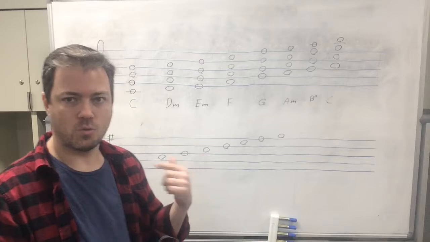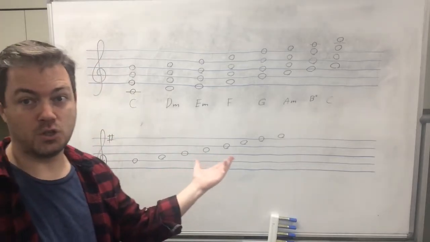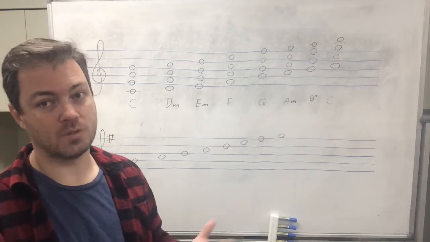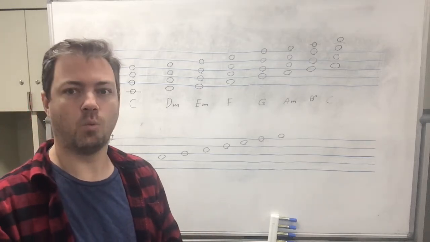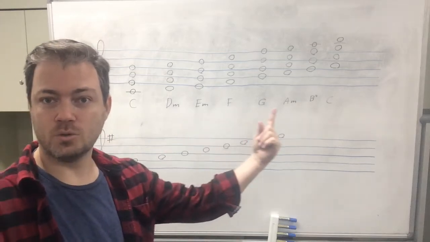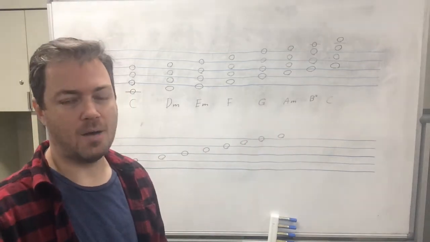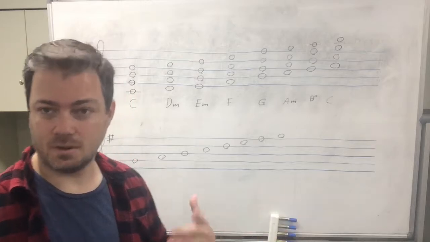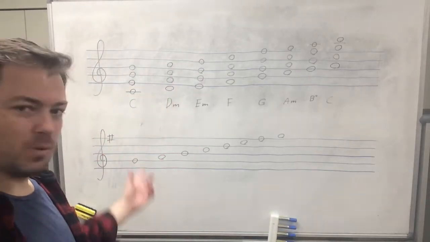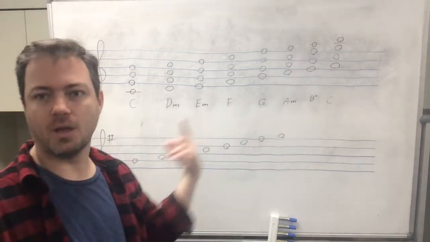So let me just go through what each of these has now turned into, and maybe if you want, you could pause the video now and think about what you think each of these chords would be called. If you want to try that first, pause the video, and then I'll go through the answers now. So the first one, I'll just say what they are, and then I'll explain why.